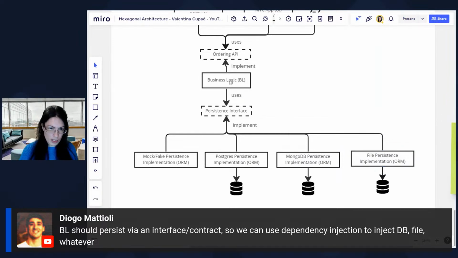So that's exactly correct. Business logic code does not depend on any of these implementations from a coding perspective, but instead at runtime we can configure which of these will actually be used. So that's a great comment.